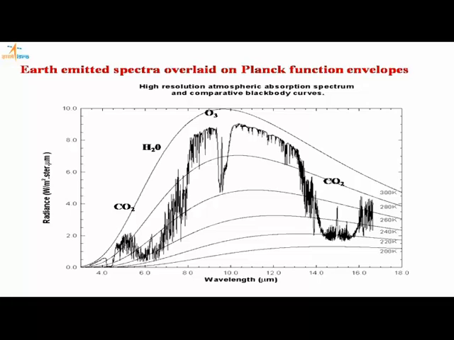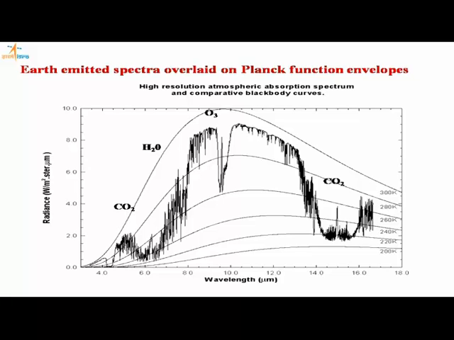But when this radiation emitted by the Earth's surface reaches the top of the atmosphere, it interacts with the atmospheric gases, and the gases absorb this radiation, and you can see that there are various absorption bands in the atmosphere.